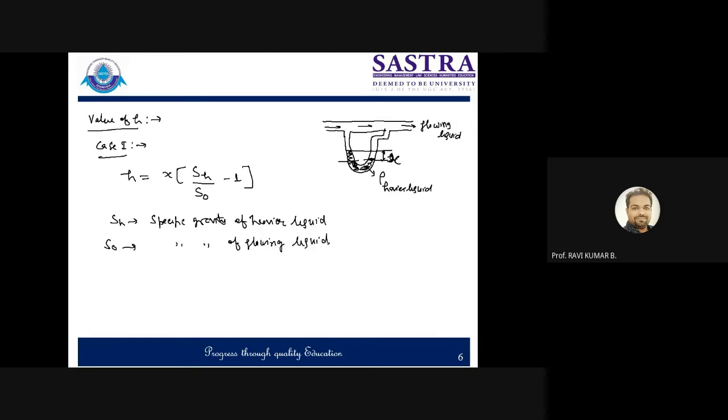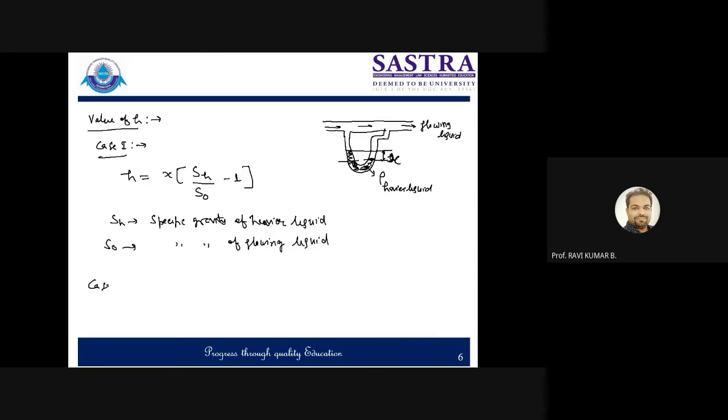Like that you can find out. This is the pressure head, and this is the reading on the U-tube manometer that you directly get, and this is the ratio of the specific gravity of the heavier liquid divided by the specific gravity of the lighter liquid or flowing liquid. This is the first case.